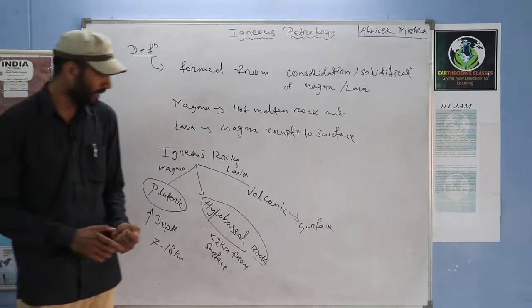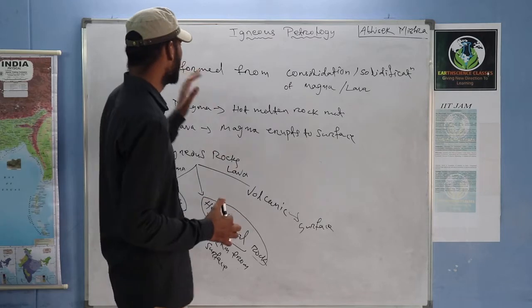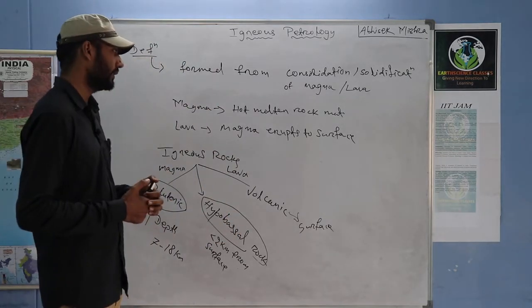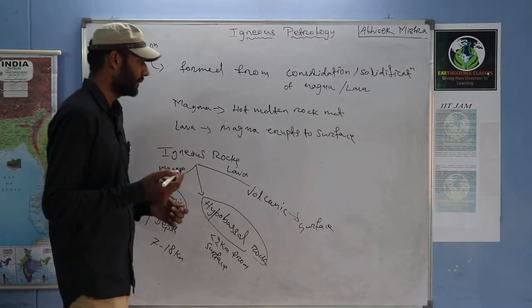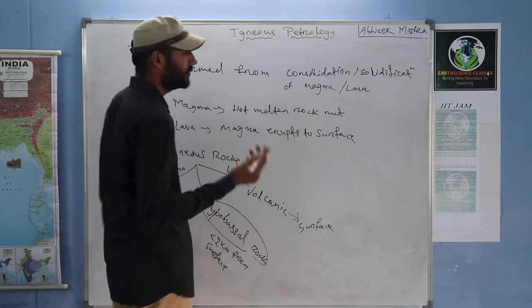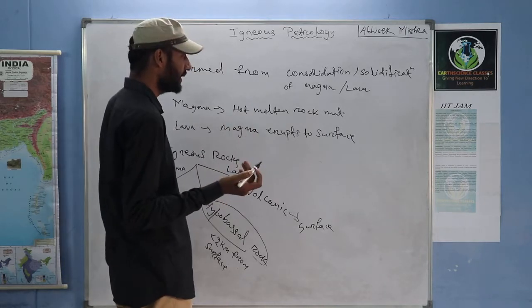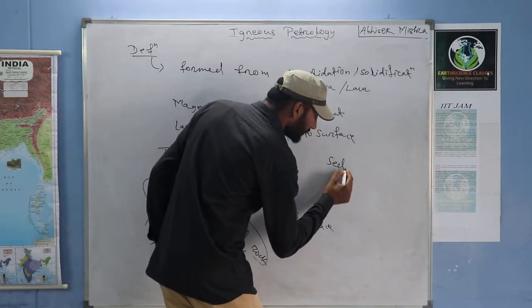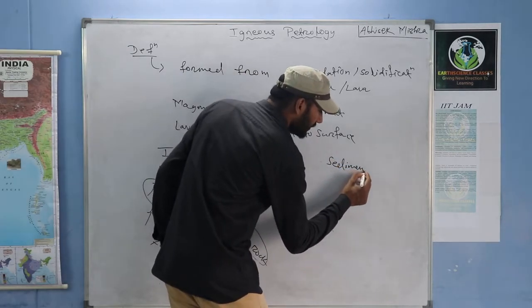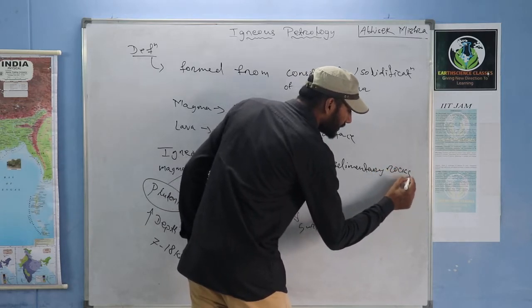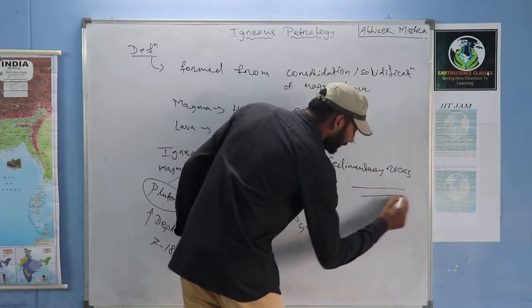Then what are the characteristics that differentiate igneous rocks from sedimentary and metamorphic rock? How can we differentiate igneous and sedimentary? See, in sedimentary rock there is a fundamental structure. Sedimentary rocks have a fundamental structure called bedding.